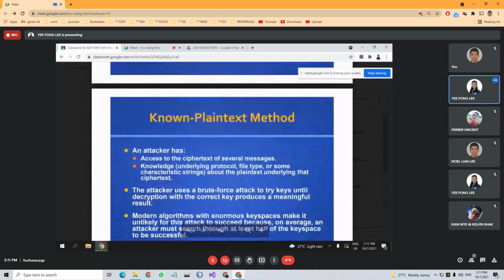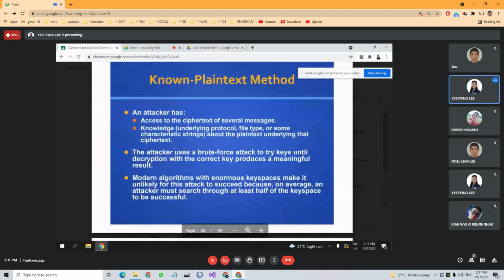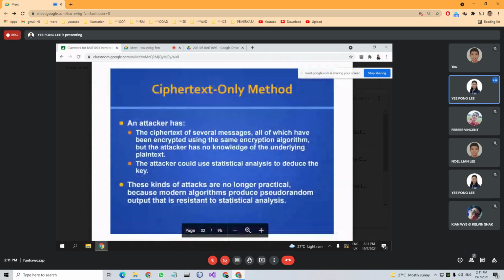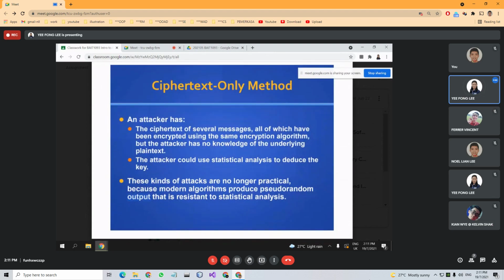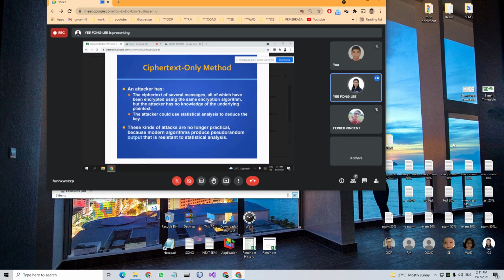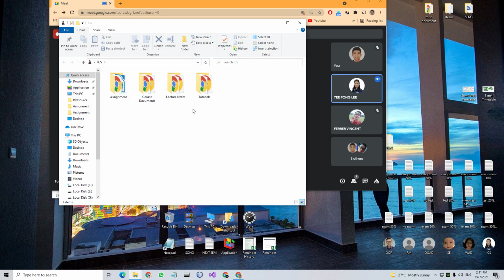Second, the known plaintext method. I give you 1 to 2 minutes to go through the first slide and the second slide in case you have questions, on the ciphertext only method and also the known plaintext method.